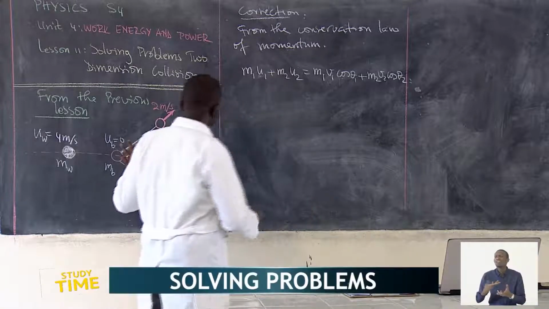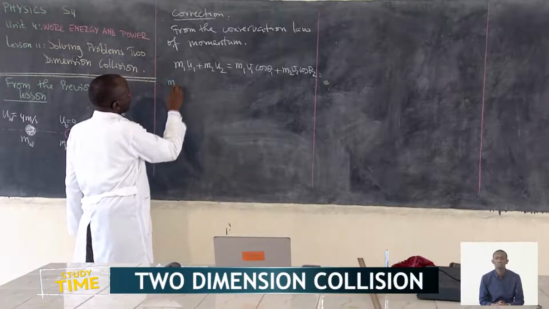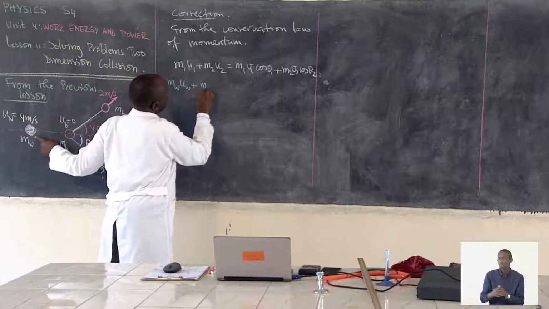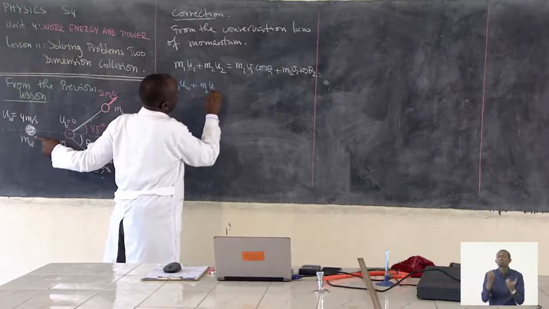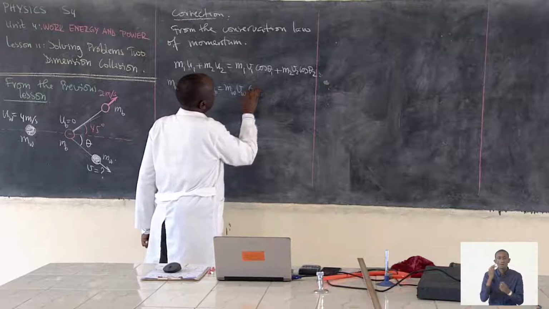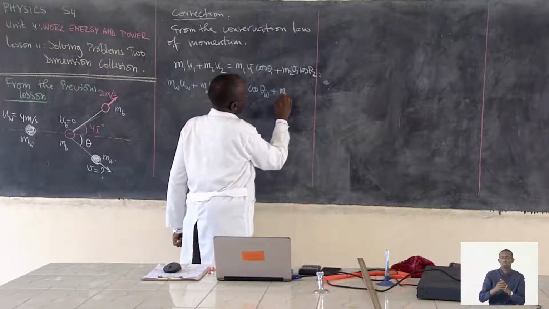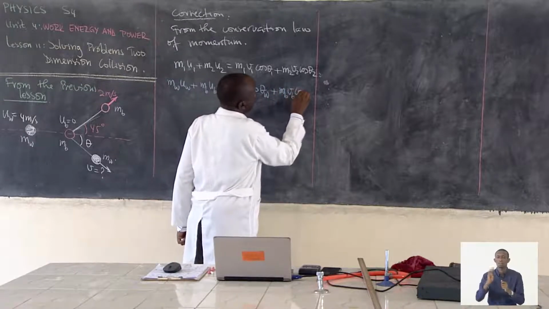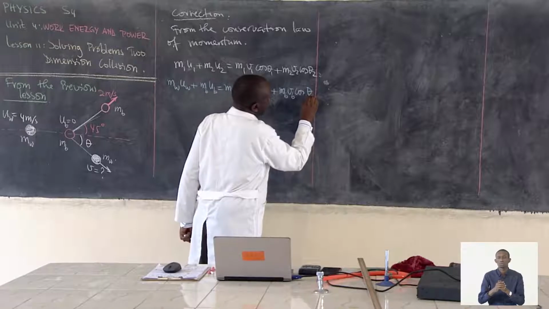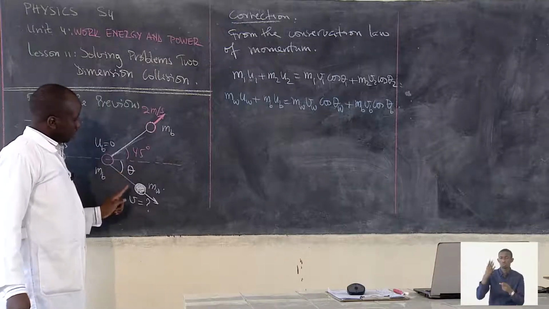And from the problem here, we can compare with this equation, and we find that we have the mass of the white times u of the white, plus mass of the black times u of the black, which is equal to mass of the white times the speed of the white, v, cosine of the angle taken by the white, plus mass of the black times v of the black, the final velocity of the black, then cosine theta of the black, the angle whereby we see the direction of the black.